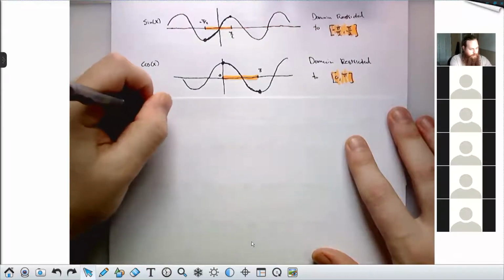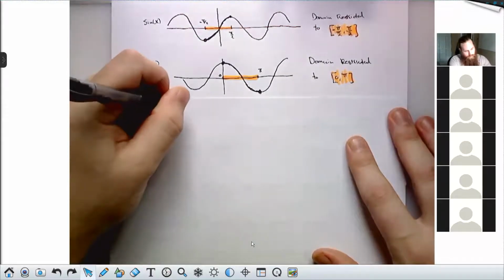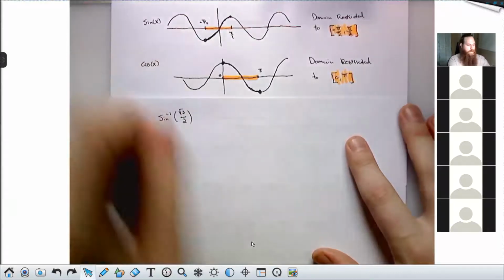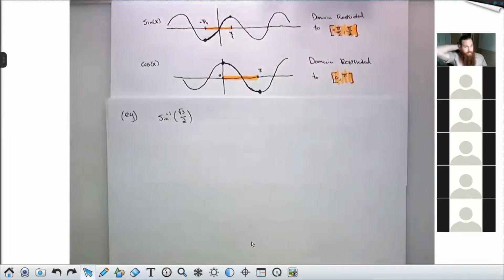So, can we find the inverse sine of square root 3 over 2? Let's see. I'm looking for an output for the inverse sine function. That's going to be an input for the regular sine function. So I'm asking, for what input from this interval is the sine of that input equal to root 3 over 2?